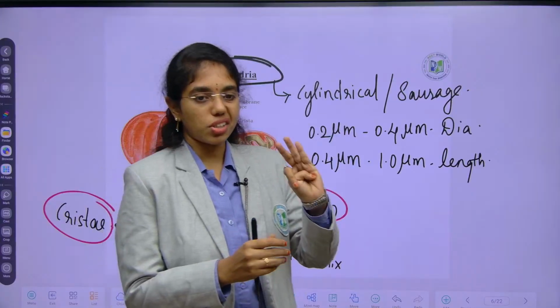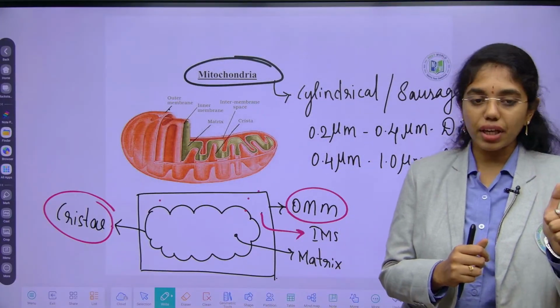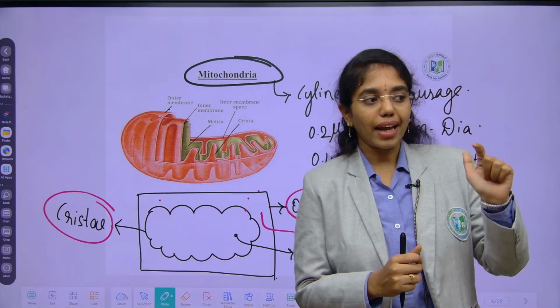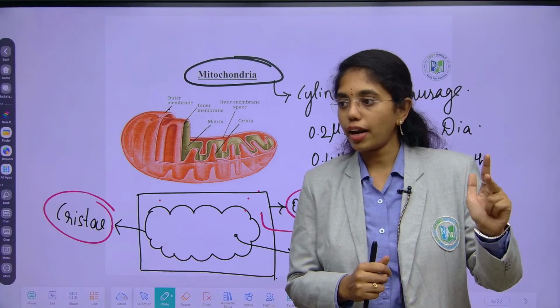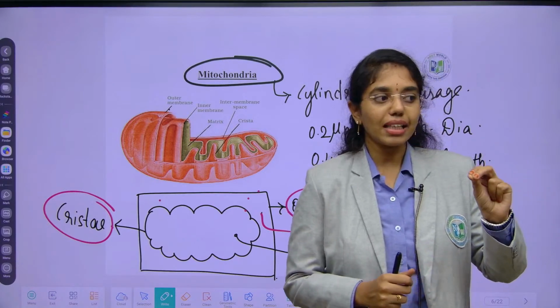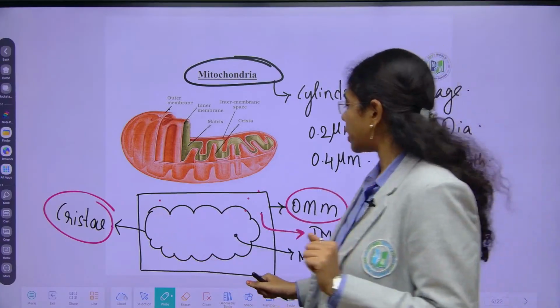And the remaining 3 steps of only aerobic respiration, which include oxidative decarboxylation, tricarboxylic acid cycle and electron transport chain or electron transport system. These are the 3 steps of aerobic respiration that happen in mitochondria. Let us recall on that.